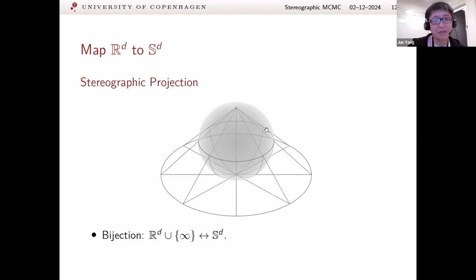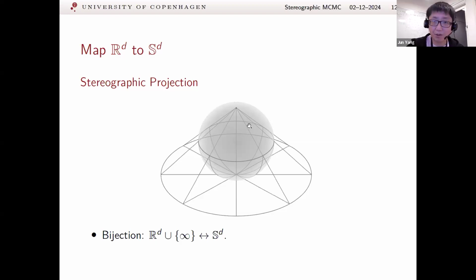From this picture, you can see this is called the classical stereographic projection. Imagine this is a sphere I put on the Euclidean space, right? For any point in the Euclidean space, I can draw a straight line from the north pole of the sphere to this point in the Euclidean space, and it will intersect the sphere at only one point. Then I map this point in the Euclidean space to this point on the sphere.